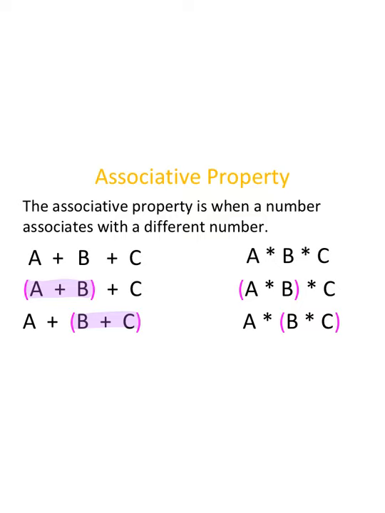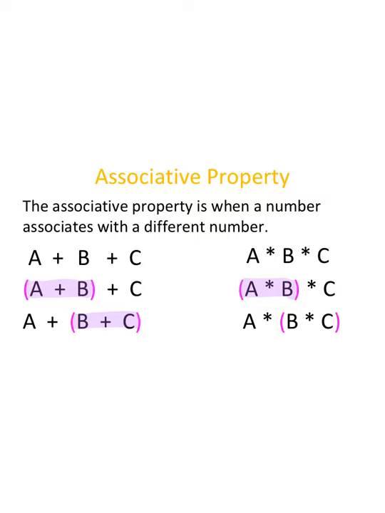In the multiplication example, we are multiplying a, b, and c together. At first we see a times b associating with each other inside of the parentheses, and then we're multiplying c outside of those parentheses, so it is not associating with a or b.